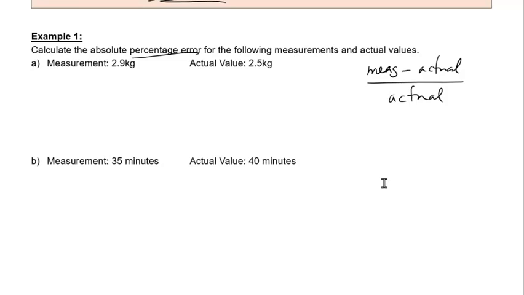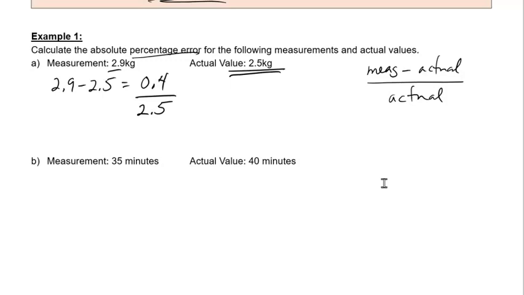We're going to turn it into a percentage, but let's just look. 2.9 minus 2.5 equals a difference of 0.4. So that is our top number, and we're going to take that 0.4 out of the actual value, which kind of makes sense because that's the actual and that's the difference.